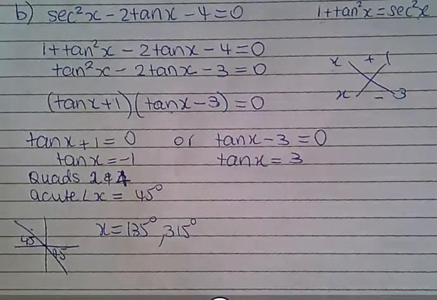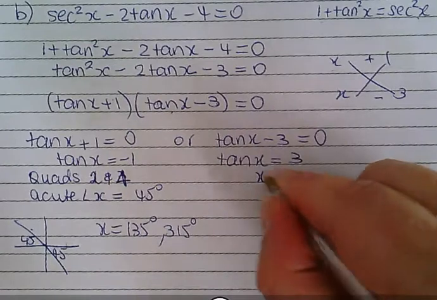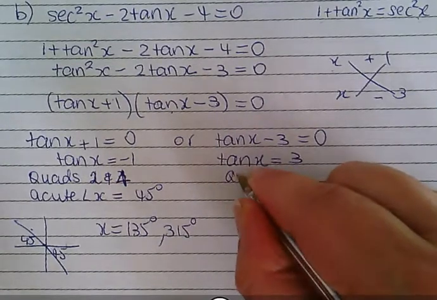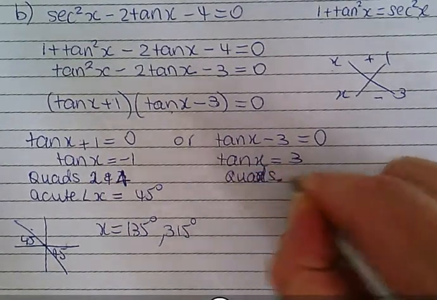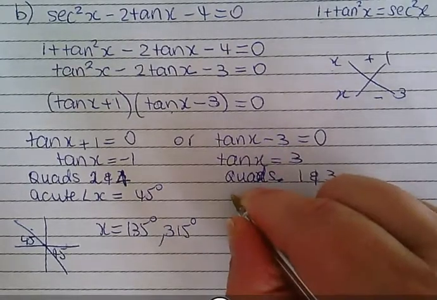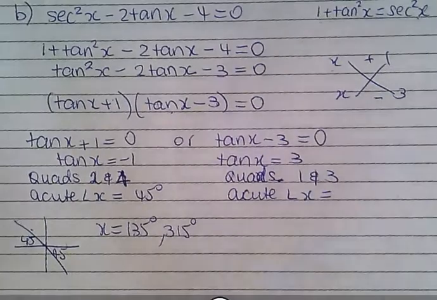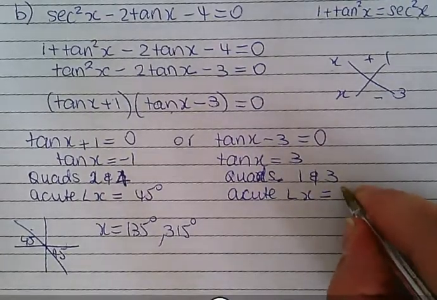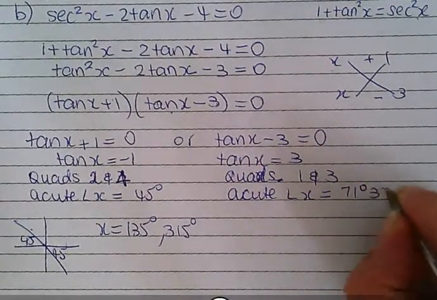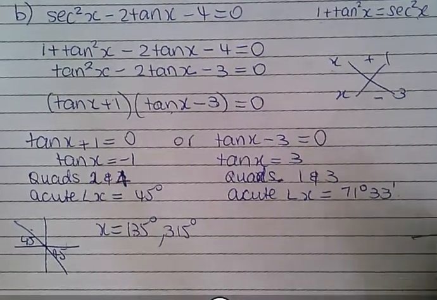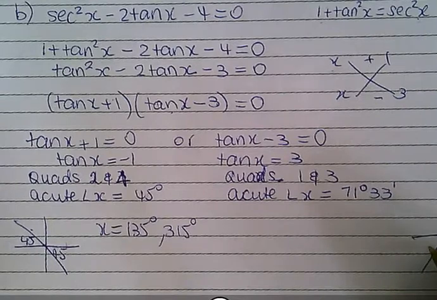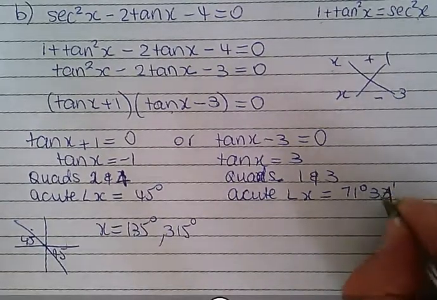Now, tan x is 3. There's no exact value for that. So again, which quadrants? Quadrants 1 and 3. Acute angle x is 71 degrees, 34 minutes. Is it 33 minutes?